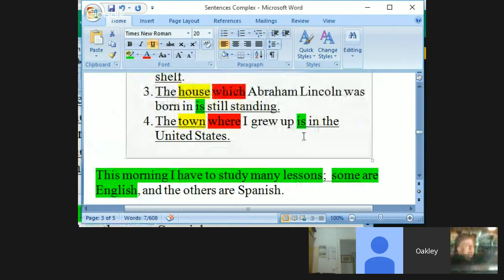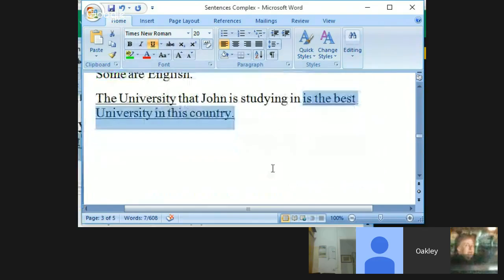Again, Abraham Lincoln was born in. Very similar, actually. All right, Ken, you want to give it a try? The teacher whose name is Akuri is teaching this class. Oh, that's interesting. Whose?